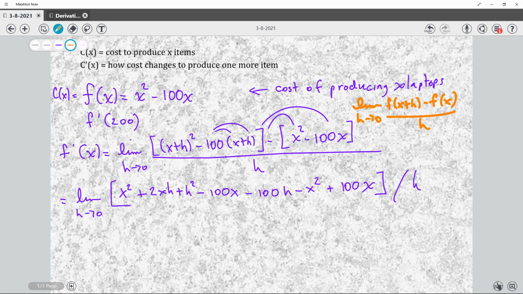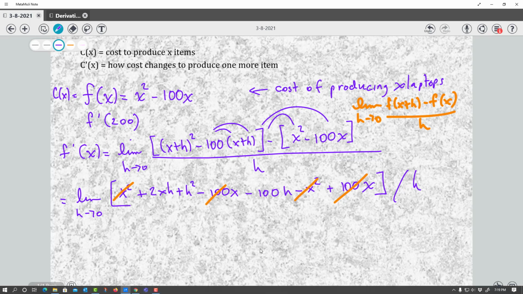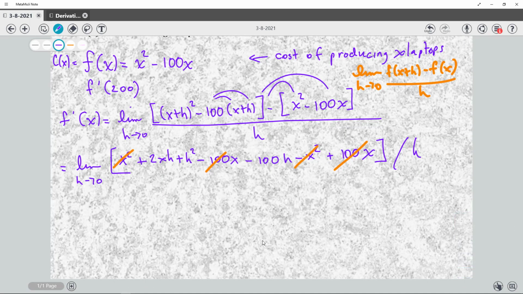Well, as we've talked about, things that don't have an h disappear. If they didn't, uh-oh, we have a problem, and we have to go back and check our algebra to see what might have happened.